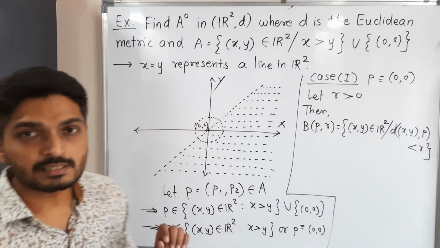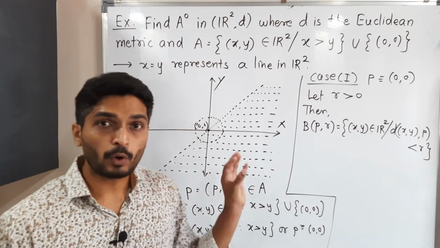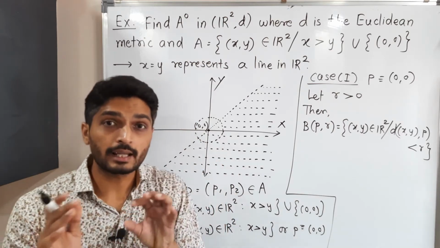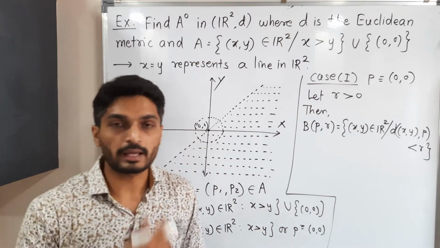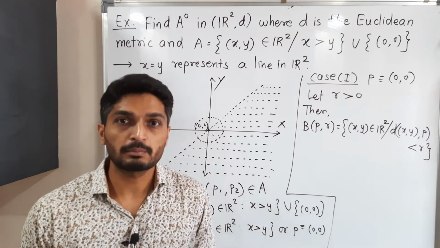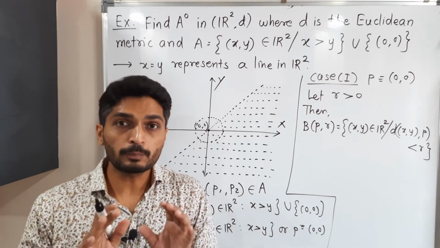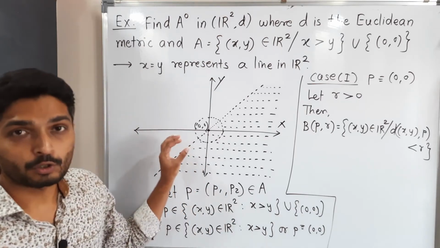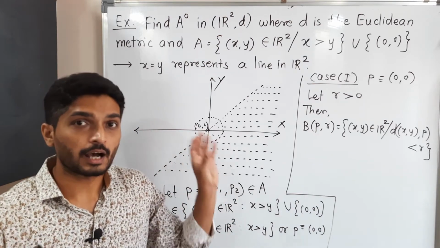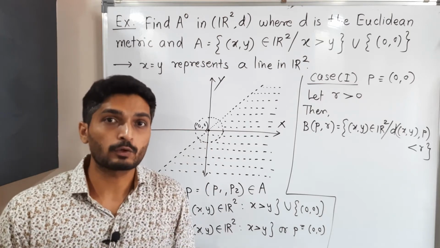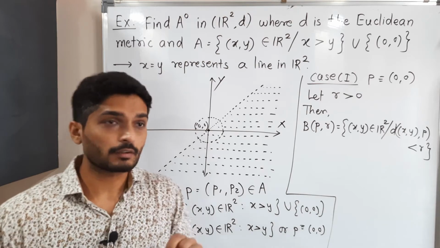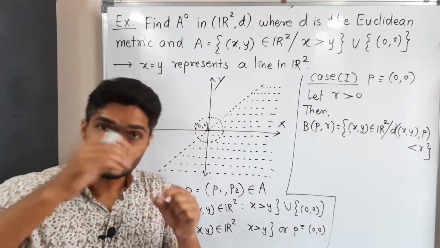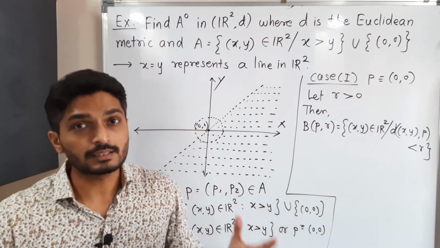See, by observing this diagram, you can easily say that the ball does not entirely lie inside the set. It is going outside the set. From the diagram we can easily see, but mathematically we have to prove. So now we have to prove that any open ball with center origin and radius r will go outside the set. How to prove this one? We have to find any point from the ball which lies inside the ball but is not lying in the set.